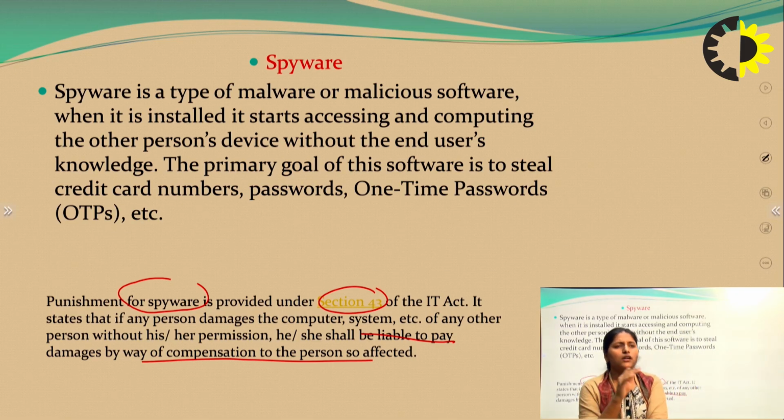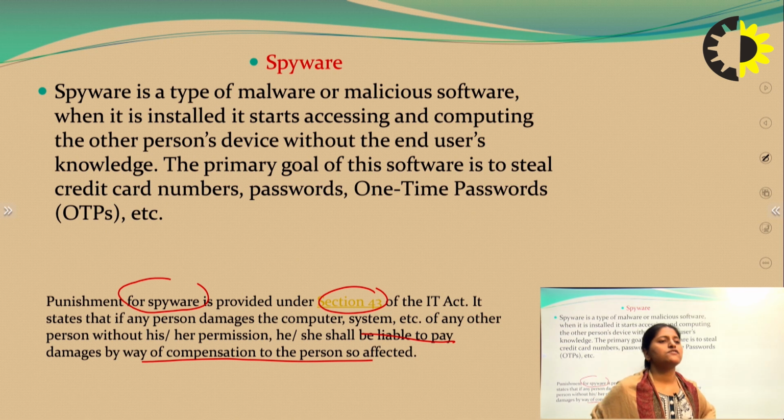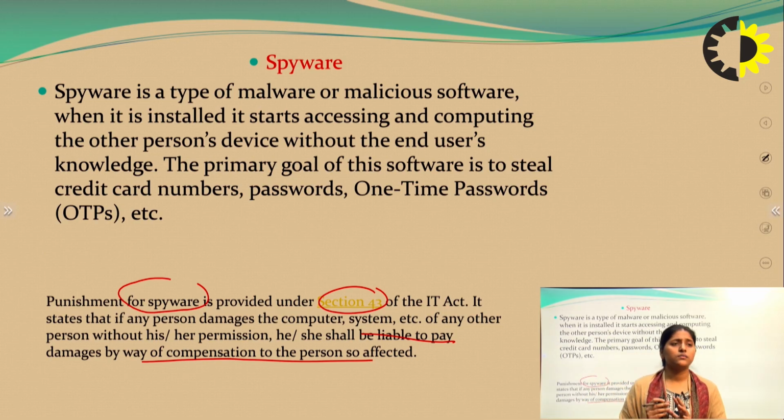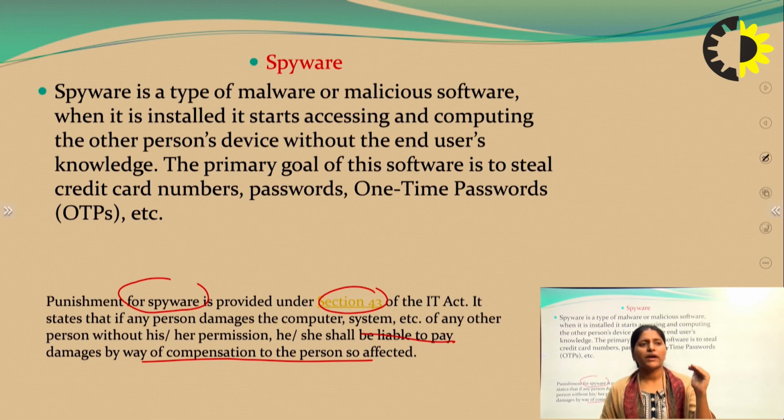There are not any type of penalties here, but under section 43 of the IT Act it is clearly mentioned that if someone damages the person's computer or network without permission, or accesses your computer, then there are damages and penalties which need to be paid.